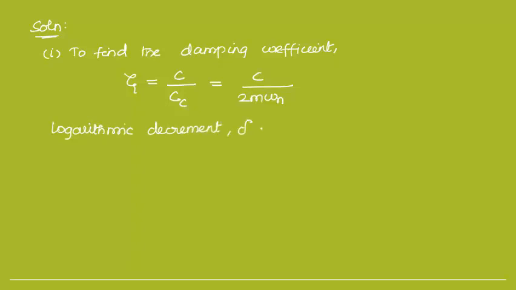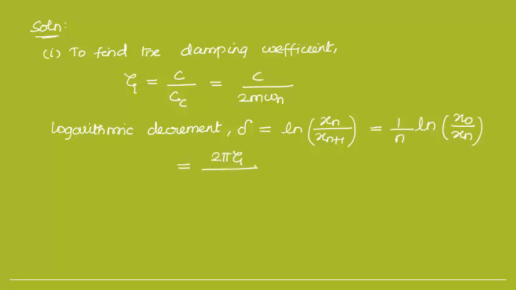The logarithmic decrement del: there are 3 formulae available for calculating it. One is the natural logarithm of the ratio of 2 successive amplitudes of vibration, or we can use the formula 1 by n ln x0 by xn, where n is the number of cycles, and another formula is 2 pi zeta divided by root of 1 minus zeta square.